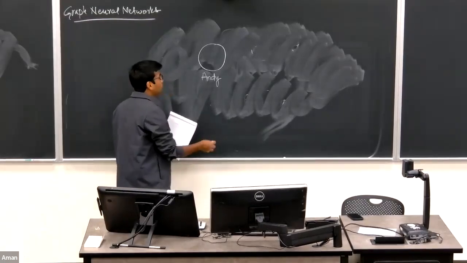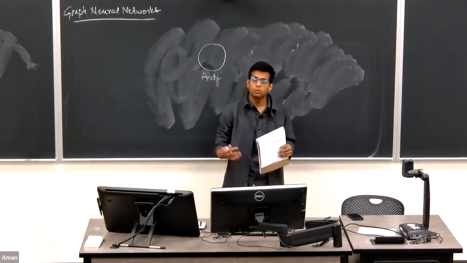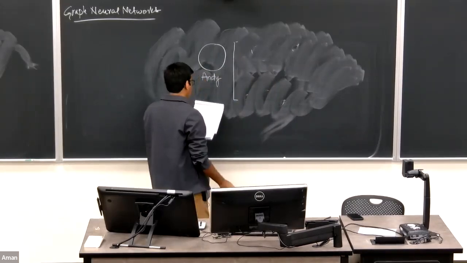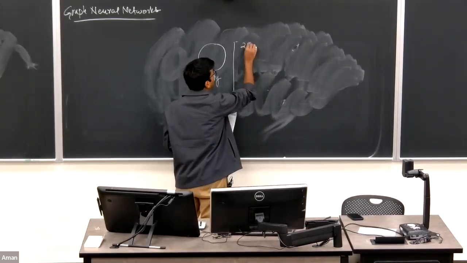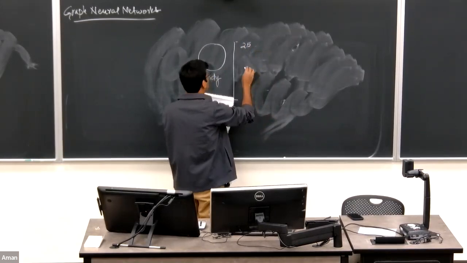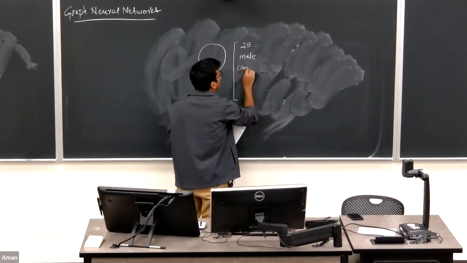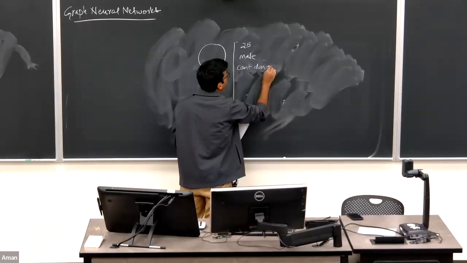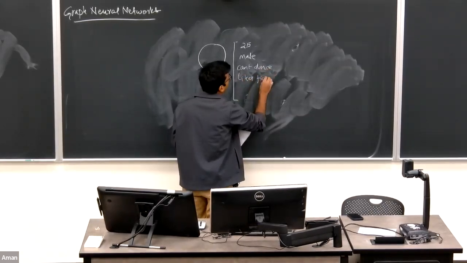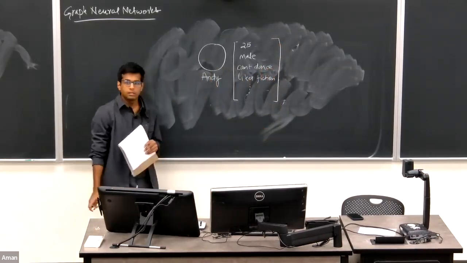Okay, so the first thing you do is represent that node in terms of different traits or qualities that you think are important for a task like this. So for example, let's say you make a list of things that describe this node. Let's say they're 25 years old, male, cannot dance, likes fiction, and other things like that, to describe this node as exhaustively as you can, right?